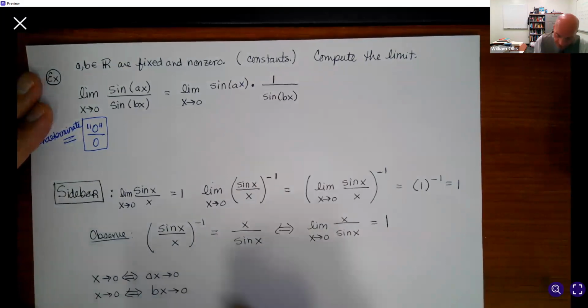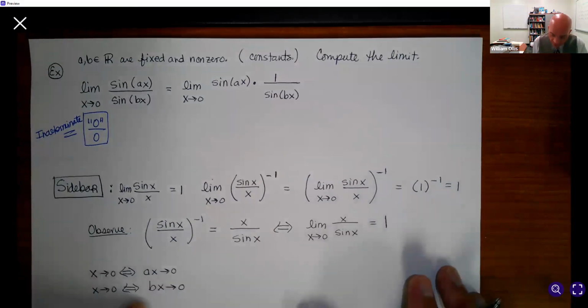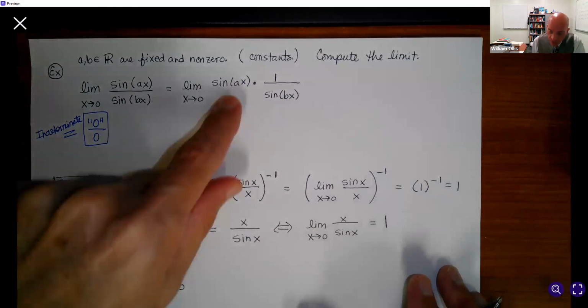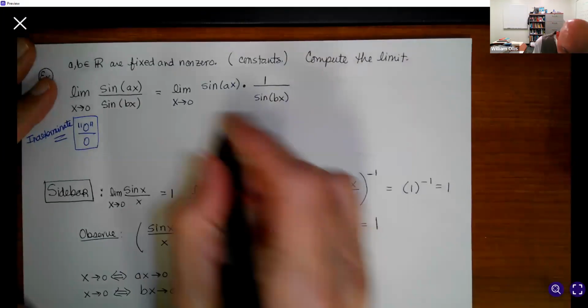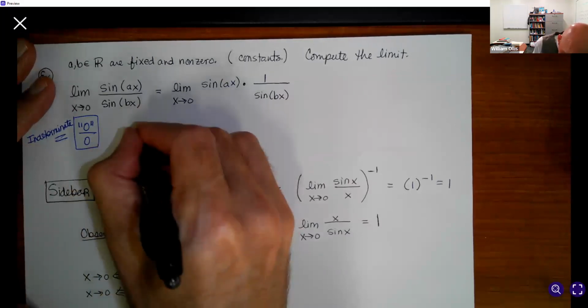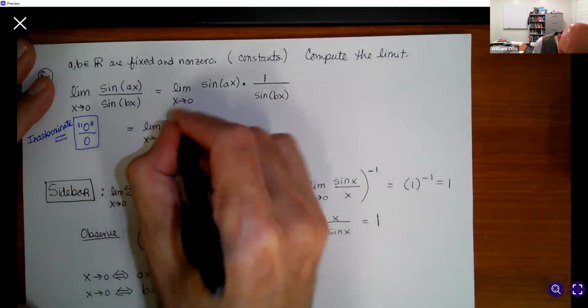Nothing, the constant's not going to make any difference. It's still going to 0 if X is, because the constant has no dependence on X. So this now says we need an AX here and we need a BX here. So let's go to the next step. So the limit as X approaches 0 of sine.